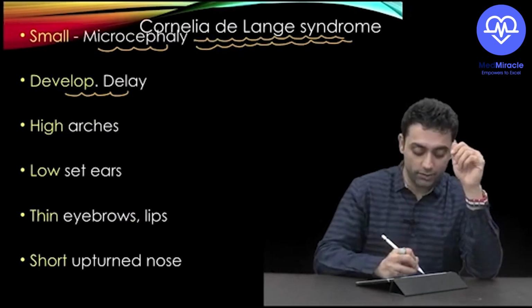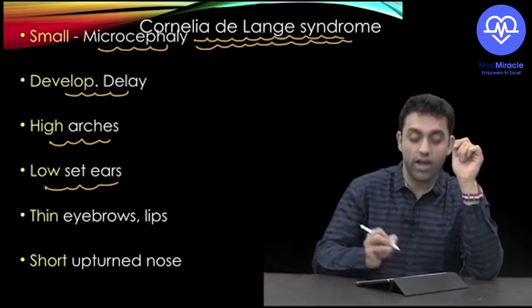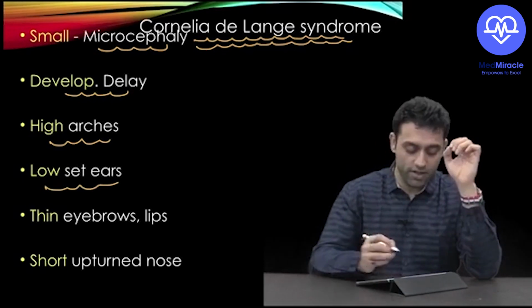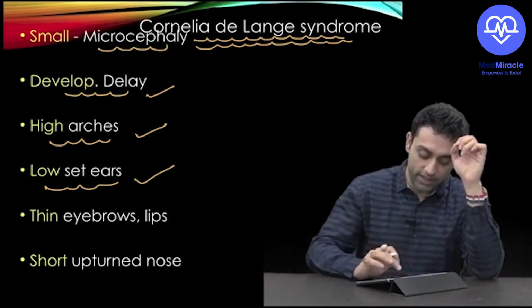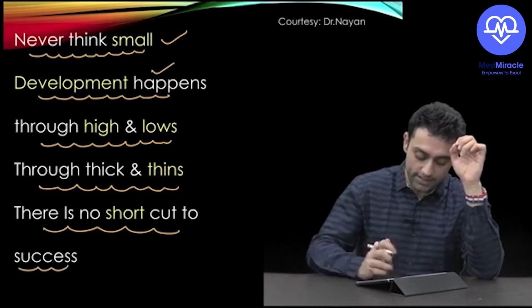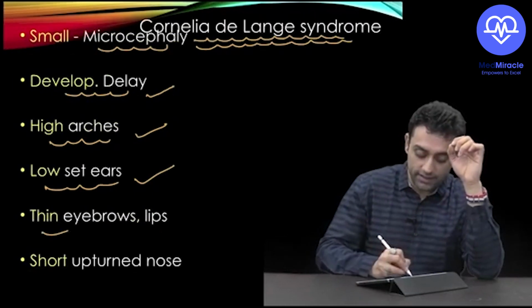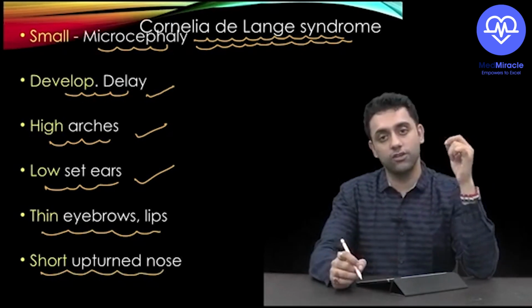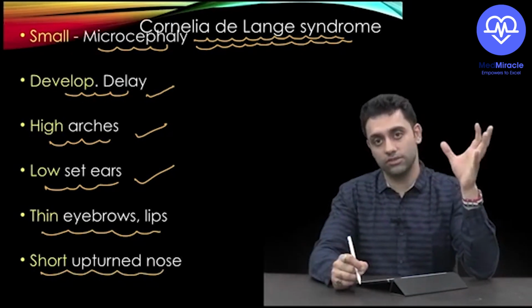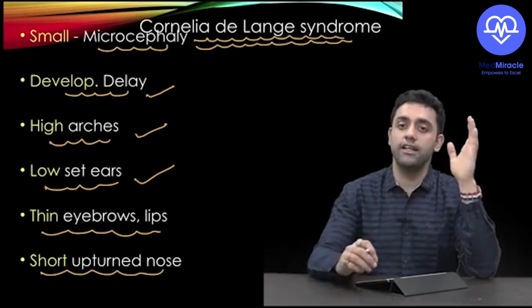So highs and lows, I told you high arches, thin eyebrows with high arches, then you have low set ears, yes or no? Through thick and thins: thin eyebrows and thin lips. And last, there is no shortcut to success: short upturned nose. Just general knowledge I'm telling you, there is nothing to cram. That's all about Cornelia de Lange syndrome.